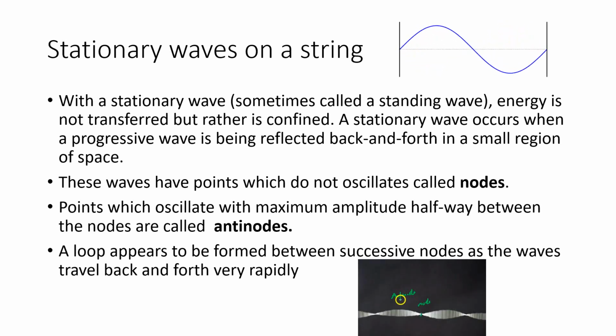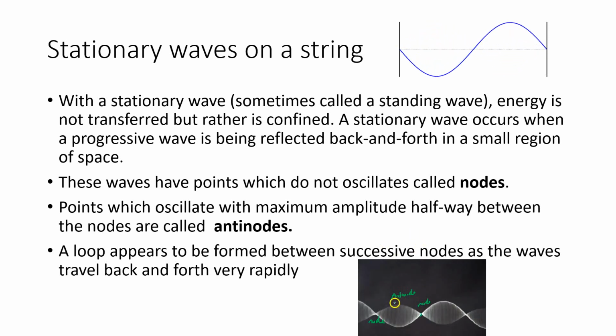One of the things you must understand is that halfway between nodes, you'll find an antinode. Then clearly you're seeing another node right here. So halfway in between two nodes would give you an antinode.